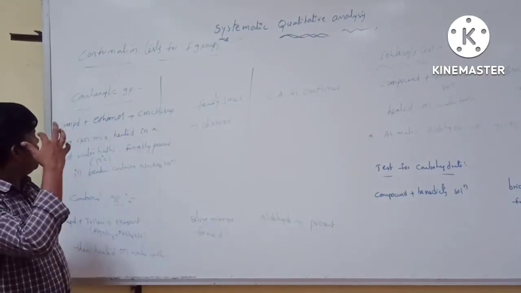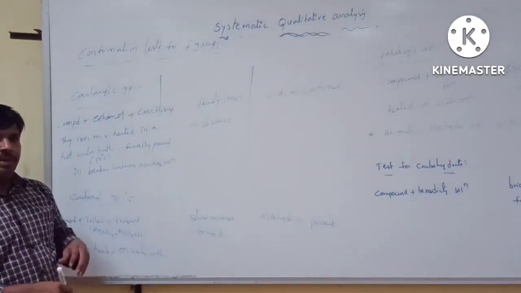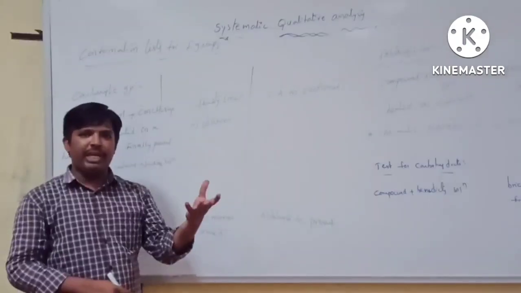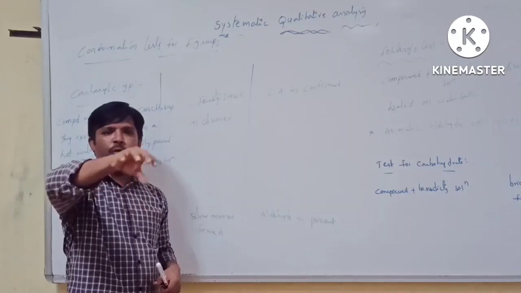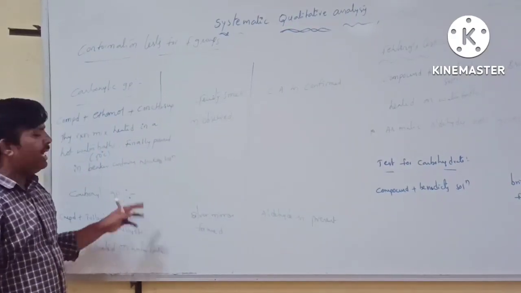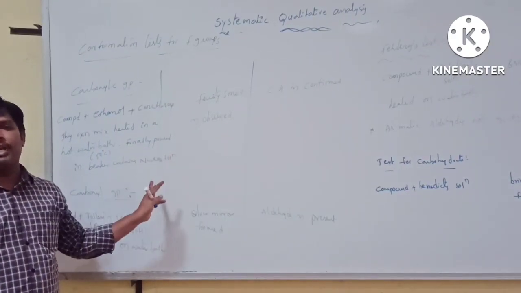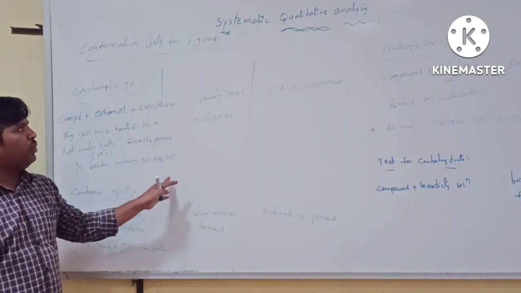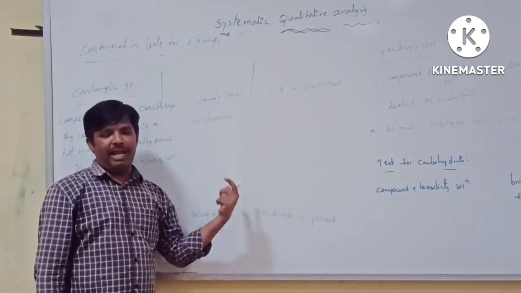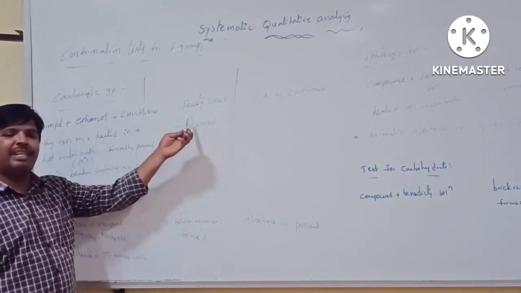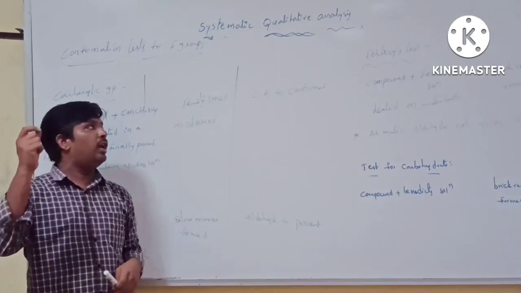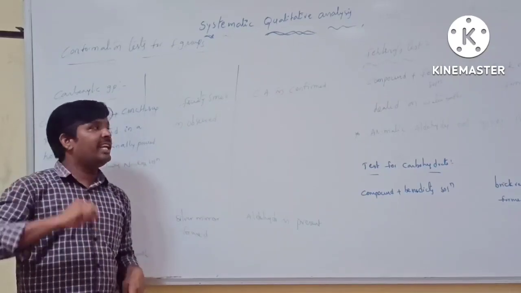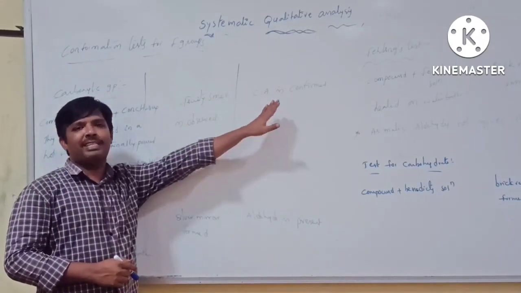The reaction mixture is heated, and then poured into a beaker containing sodium carbonate solution. We will get a fruity smell, a sweet fruit-like smell. The presence of fruity smell itself indicates that carboxylic acid is confirmed.